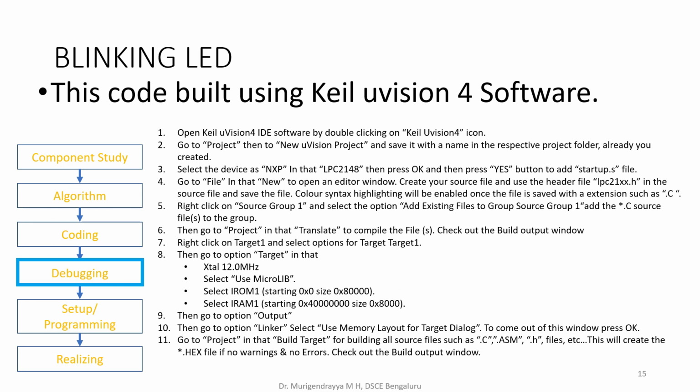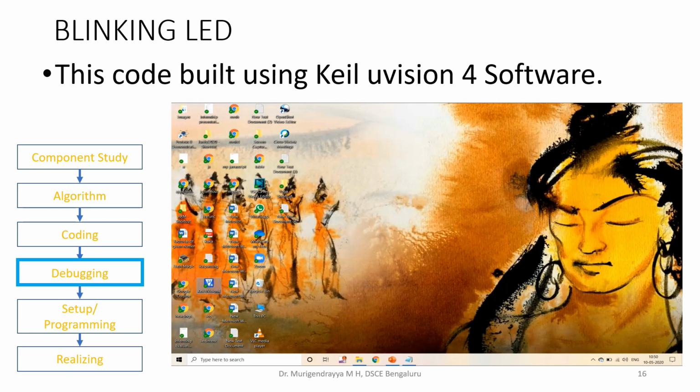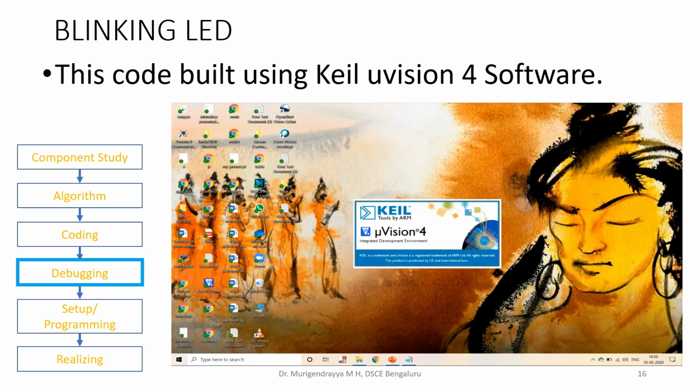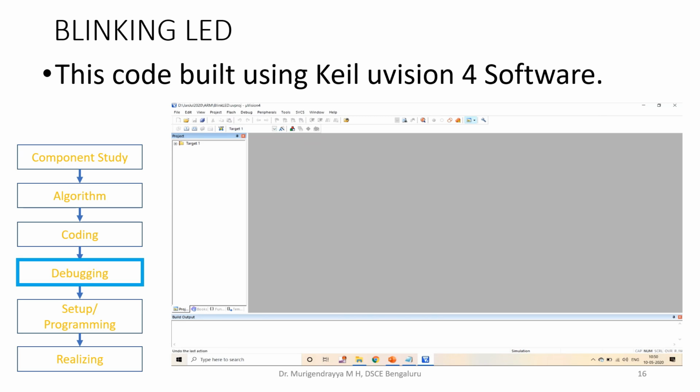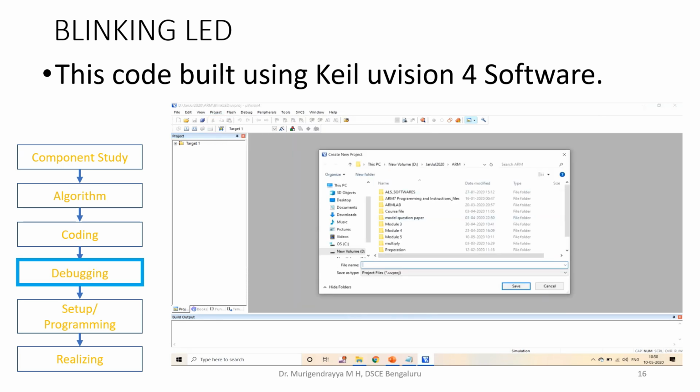Once we write the C code, we have to debug with a tool called Keil MicroVision software. The steps involved for debugging: first we have to create the project. The best practice is to create a new project.